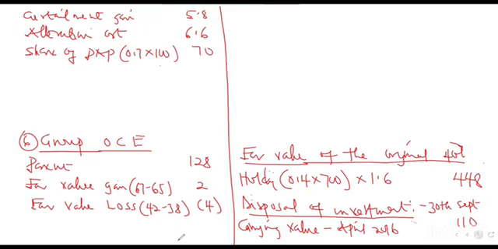That will give us 70. For the share of OCE of that particular subsidiary, the parent will be having 0.7 multiplied by 14. I'm having 9.8.